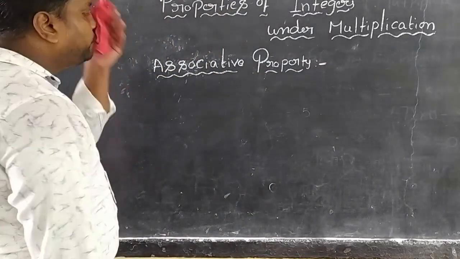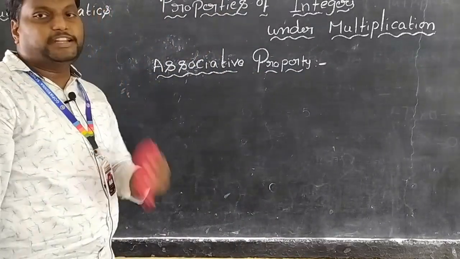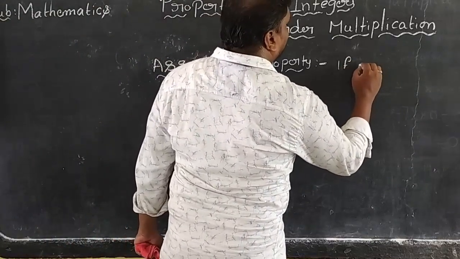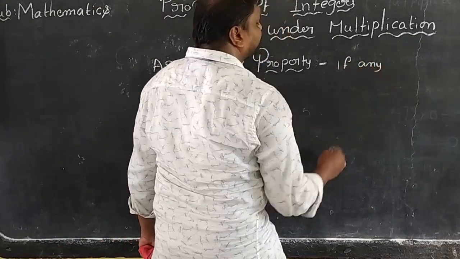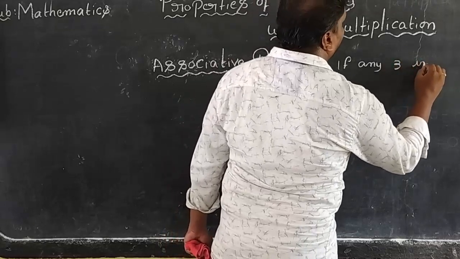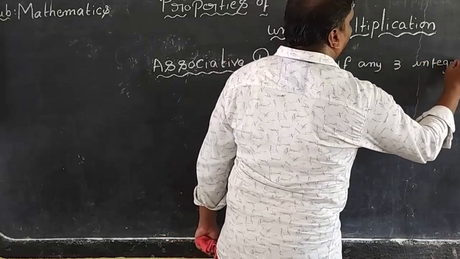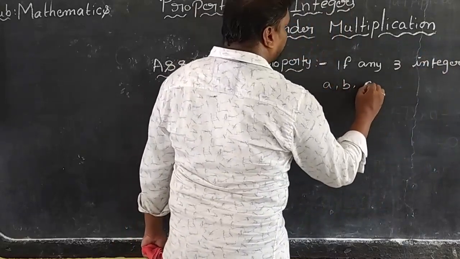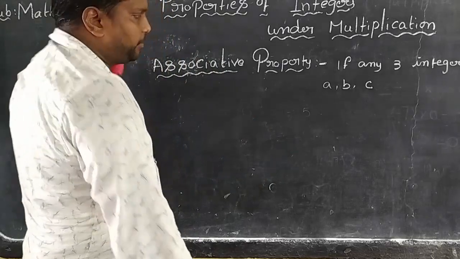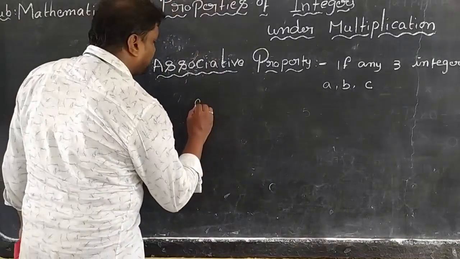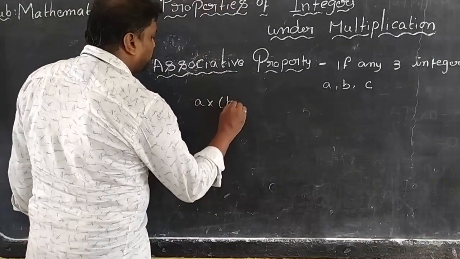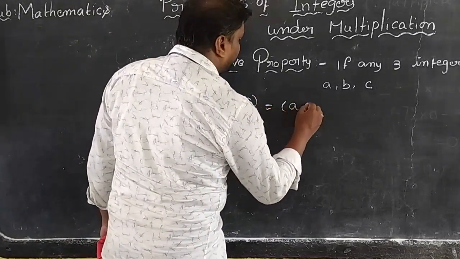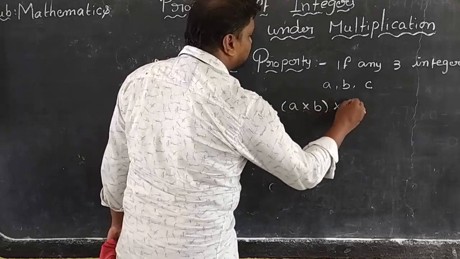Associative property. Now in associative property we will take three integers. If any three integers a, b, c, under multiplication operation, a into b into c is equal to a into b into c.